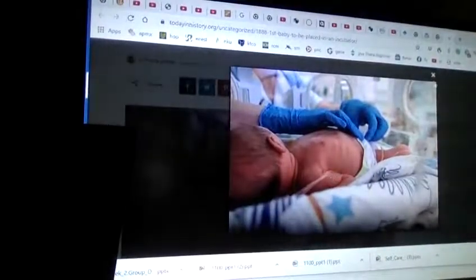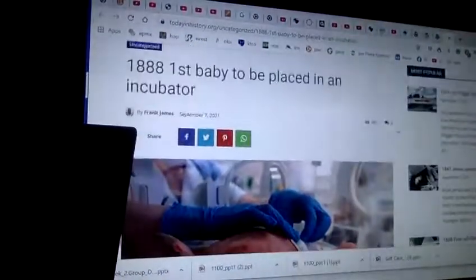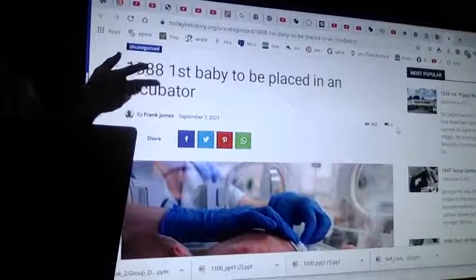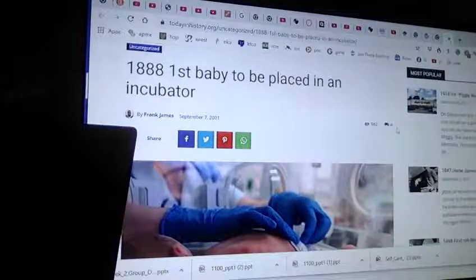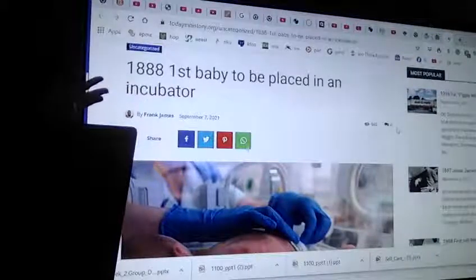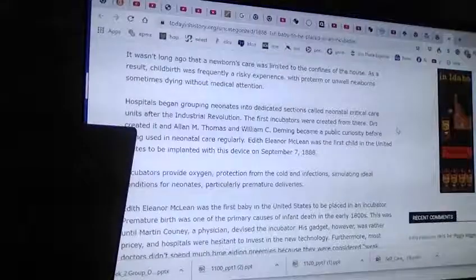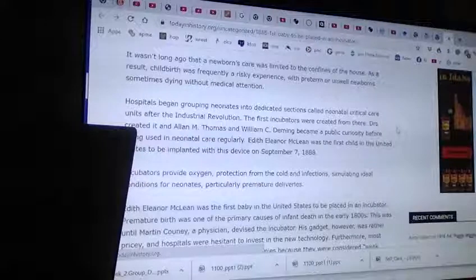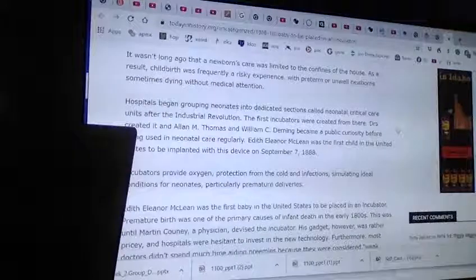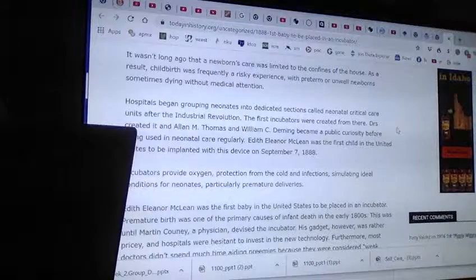So this probably was not a picture of the first ventilator baby because I don't think they had photographs back then. But I saw this when we were talking about birth and being able to live outside the womb. The incubator is a big reason now why babies at half gestation or 23 weeks can live outside the womb. These little incubators basically provide oxygen and protection from cold and infections, and then simulate ideal conditions for a neonatal baby, especially if they're premature.